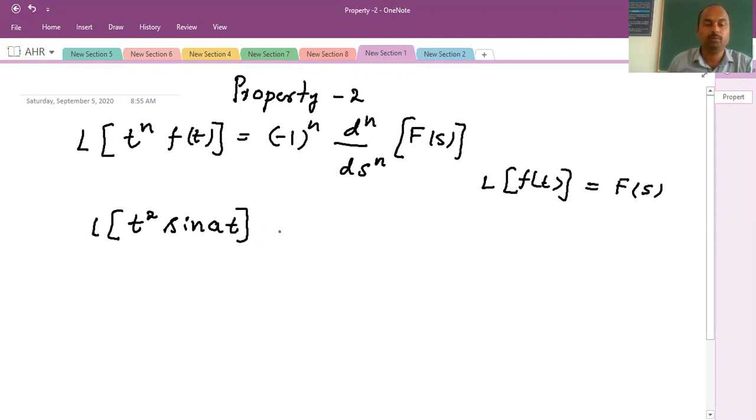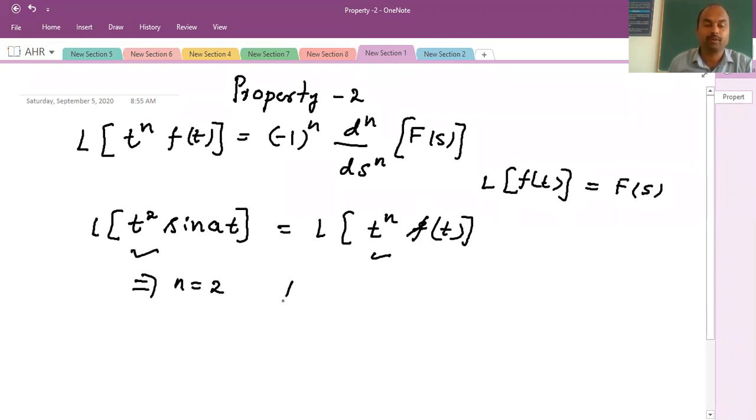So now when you compare this with Laplace transform of t to the power of n and f of t, we will get t square here and here t to the power of n. When you compare these two, n will be 2 and f of t will be sin at.